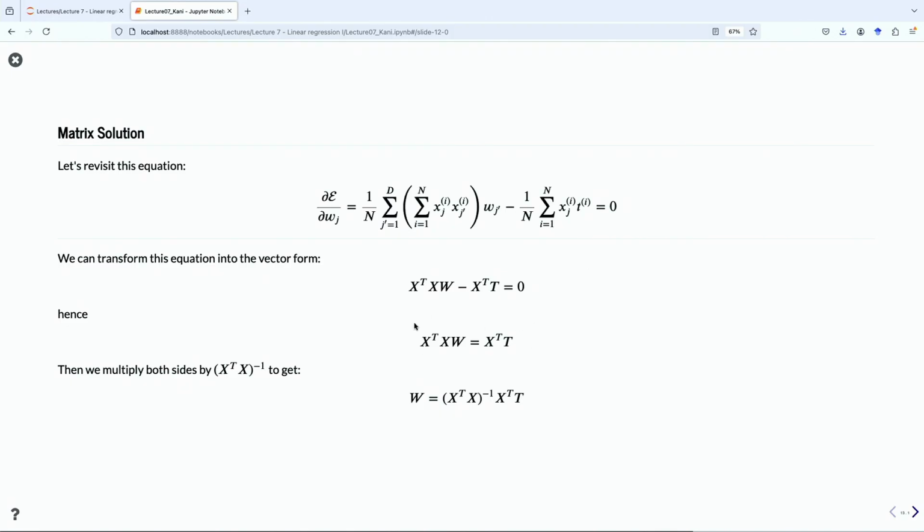Then, to get rid of these two, we multiply both sides of the equality on the left by X transpose times X to the negative 1. Doing this, we get w equals X transpose X to the negative 1 times X transpose of t, of the targets.